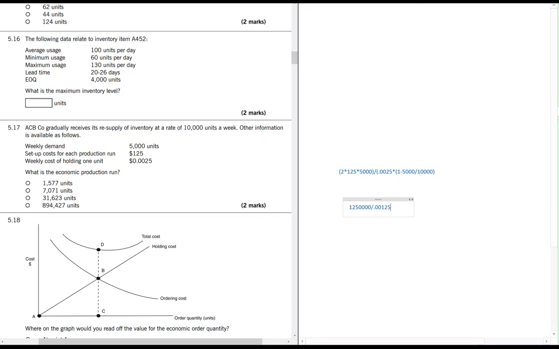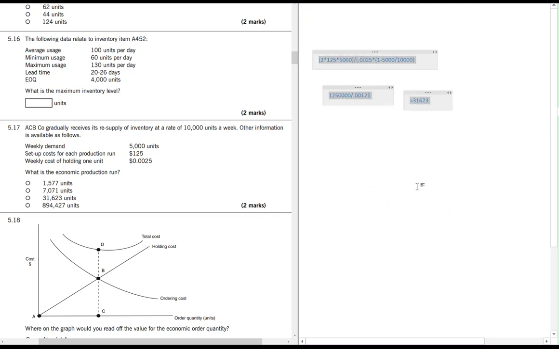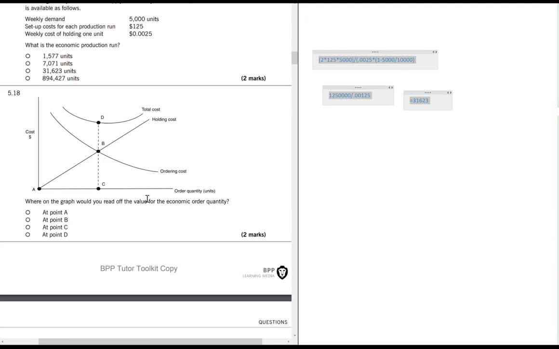So I'll put it like this in the calculator: 1,250,000 divided by 0.00125. The square root is 31,623. So the economic production run, or units that we produce at a time, would be 31,623.